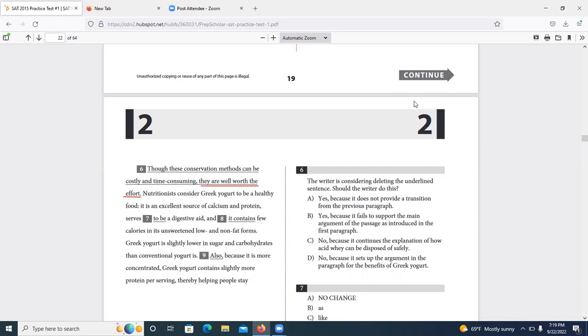I'm going to say go ahead and keep it. So this one is going to be no, because it sets up the argument in the paragraph for the benefits of Greek yogurt.